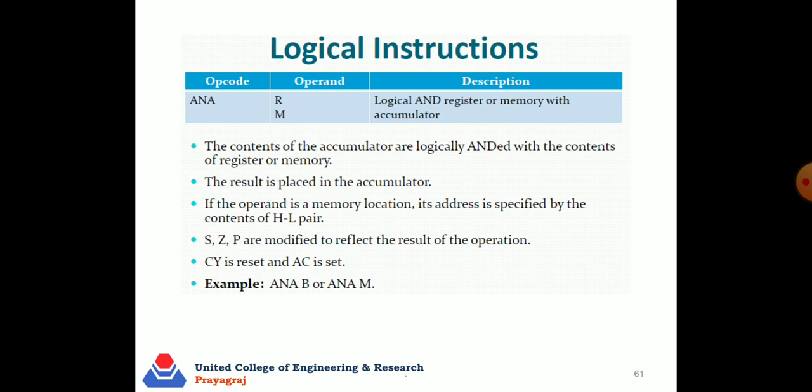So in ANA, the content of the accumulator is logically ANDed with the content of the register or memory.